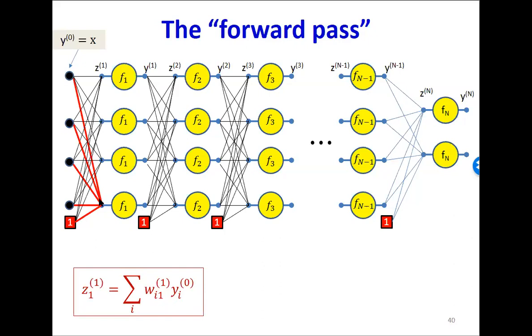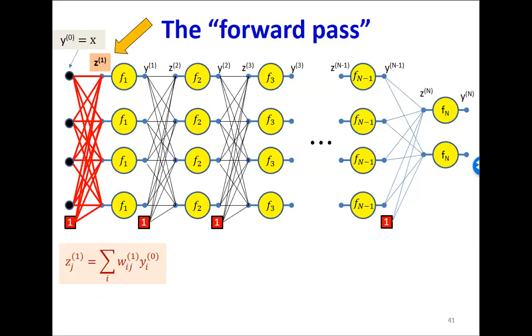You sum this over all of these, and that's going to give you the affine combination out here. And you can just generalize this to all of these neurons in the first layer. So the affine combination coming in to any neuron, to the jth neuron, is going to be the sum over all of the values in the previous layer.